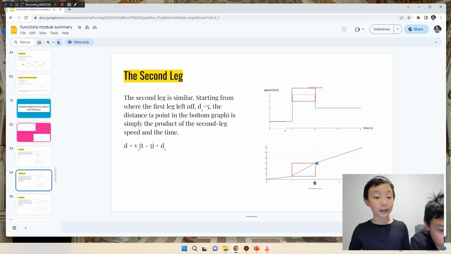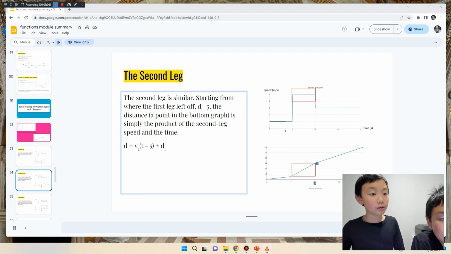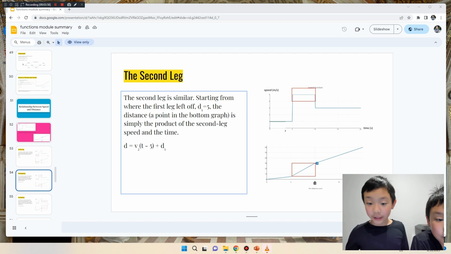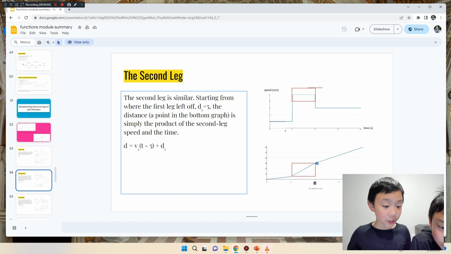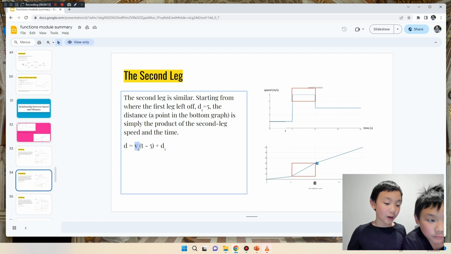Now for the second leg. The second leg is this thing right here. And to compute the distance for the second leg, you do this equation: D equal to V2 times (t minus 5) plus d1. V2 is just a name, change it to anything you want, it's just a new speed than V1.